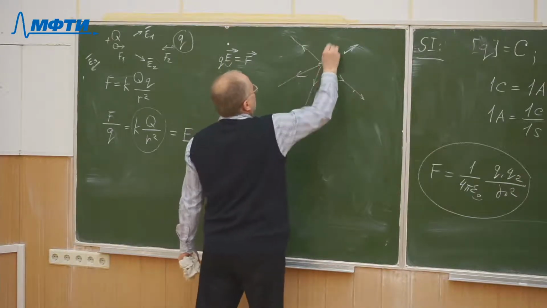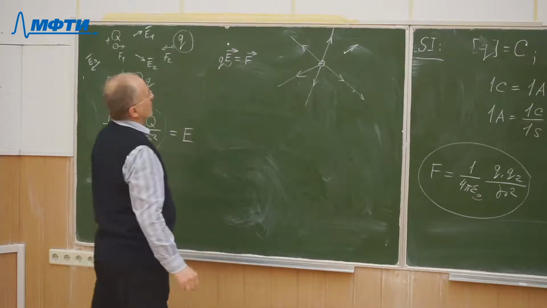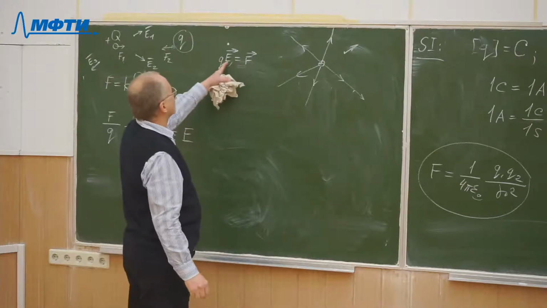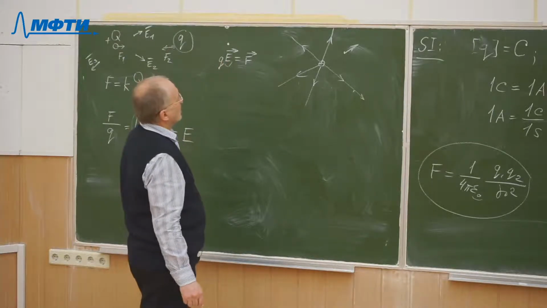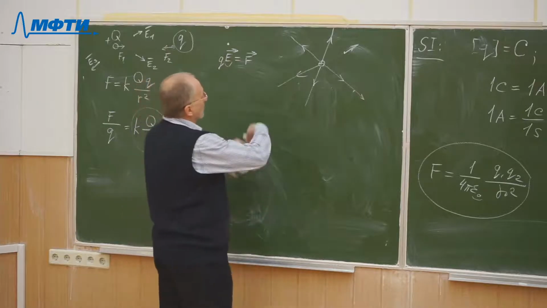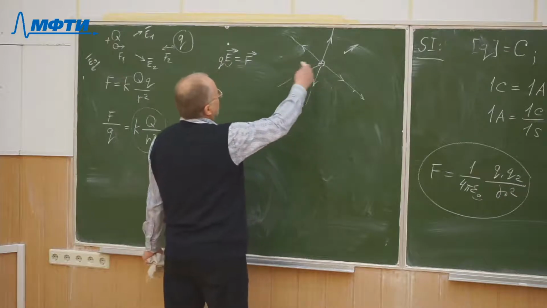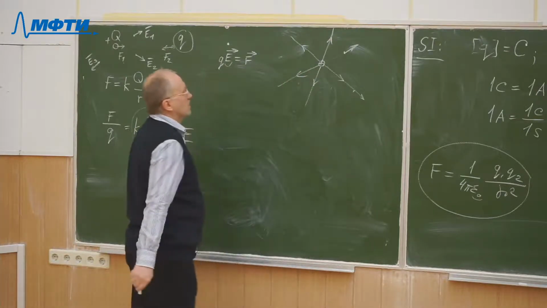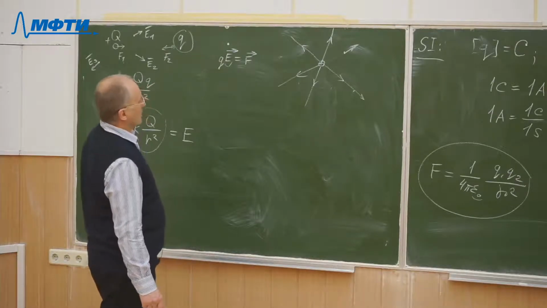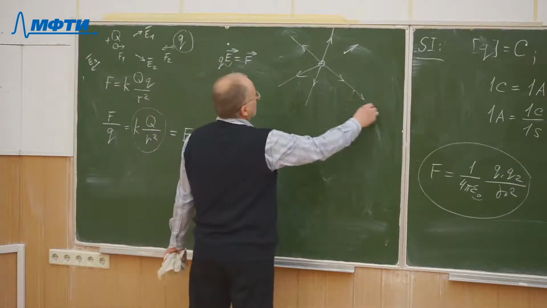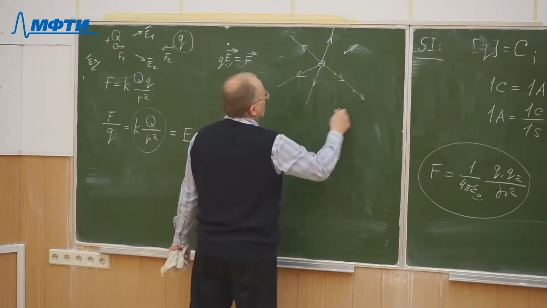If we put a probe charge in any point in space, we will have a force acting on this probe charge, and hence we will have a field strength in this particular point. So in order to illustrate the field, we draw such lines, which are called field lines or force lines, electric field lines, and this is such a line along which the field strength is directed at any point of this line.